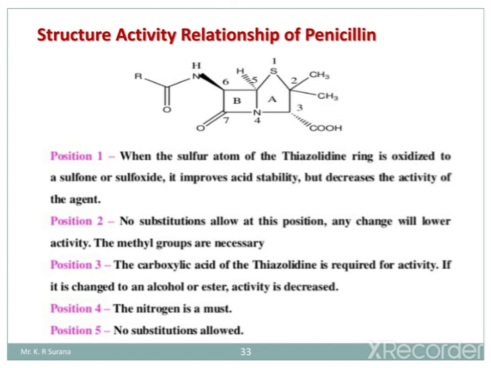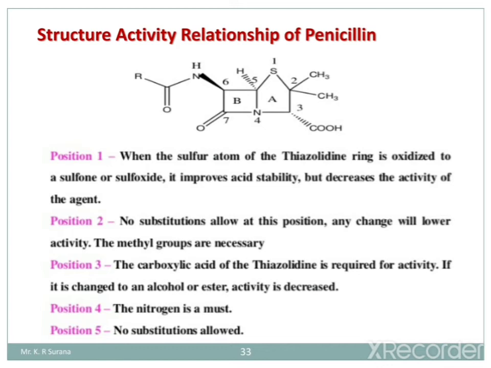When the sulfur atom of the thiazolidine ring is oxidized to sulfone or sulfoxide, it improves the acid stability and decreases the activity of the agent.